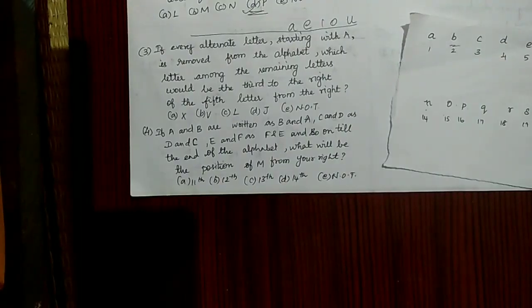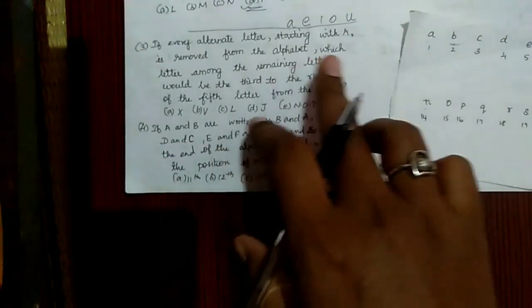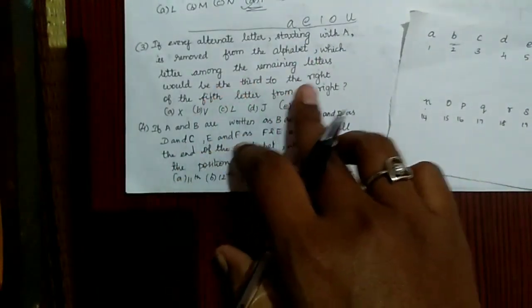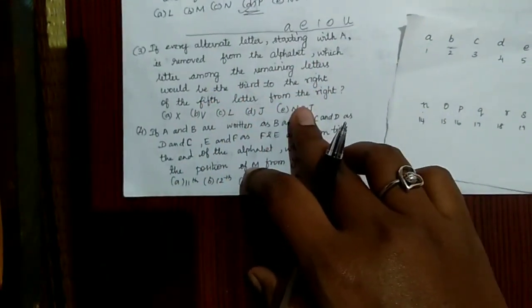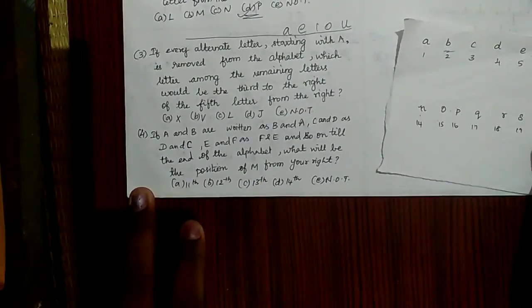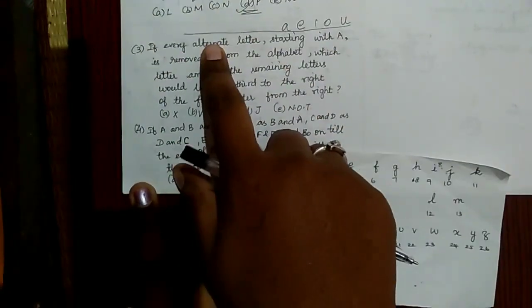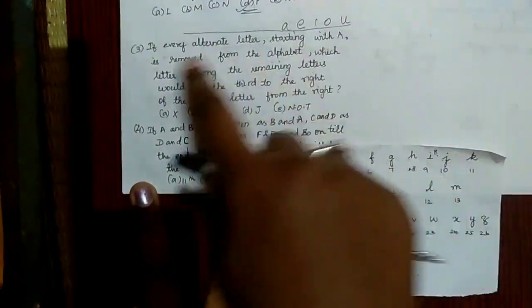Third question, if every alternate letter starting with A is removed from the alphabet, which letter among the remaining letters would be the third to the right of the 5th letter from the right? They are asking from right, okay? In this question what they are asking is, if every alternate letter starting with A is removed.